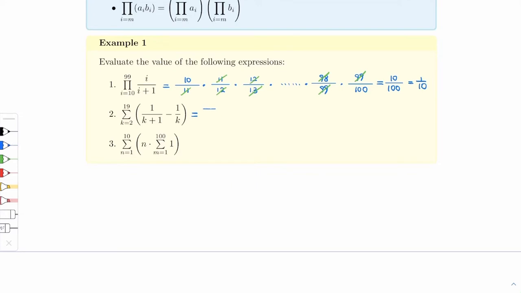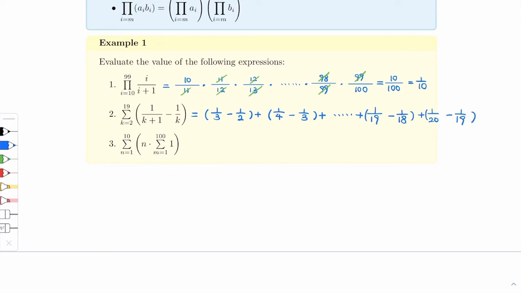So this will give us when k equals to 2, you have 1 over 3 minus 1 over 2, plus when k equals to 3, you have 1 over 4 minus 1 over 3, and so on, all the way till, let's write the second last term, which is 1 over 19 minus 1 over 18 plus 1 over 20 minus 1 over 19.